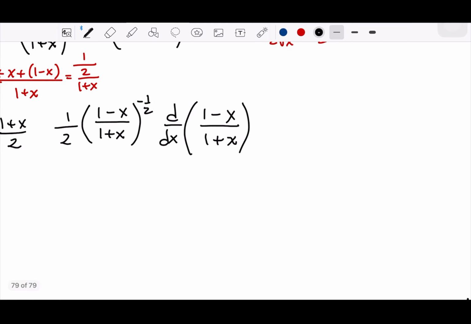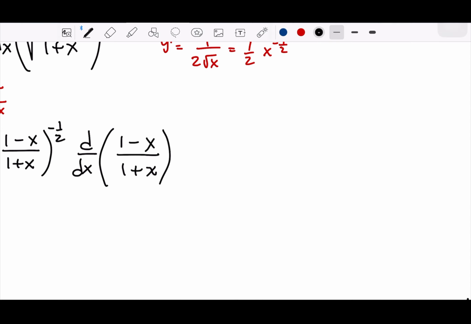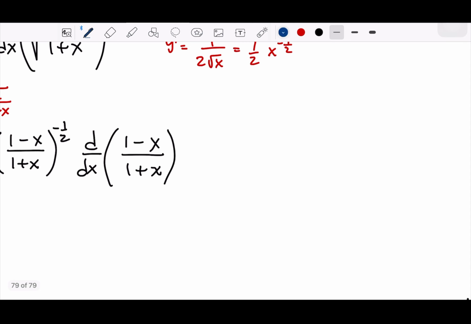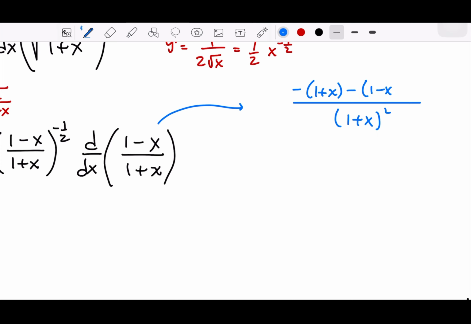If you feel not really confident doing it on one paper, we could move to another paper to calculate this. So let's say this is becoming 1 plus x squared in the denominator, and then this will be minus (1 plus x) minus (1 minus x).